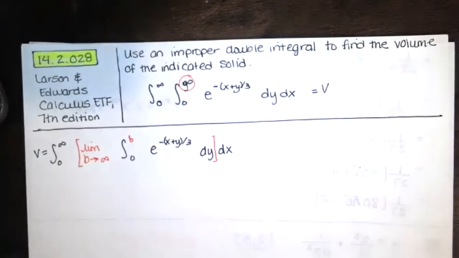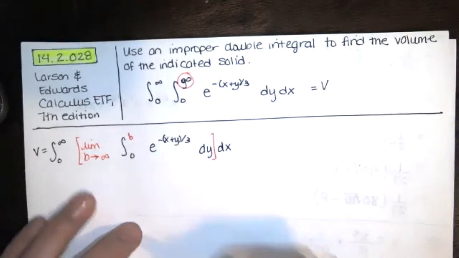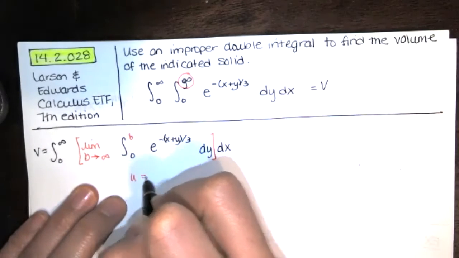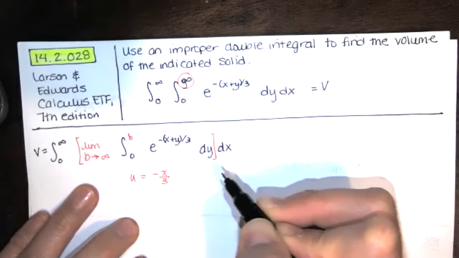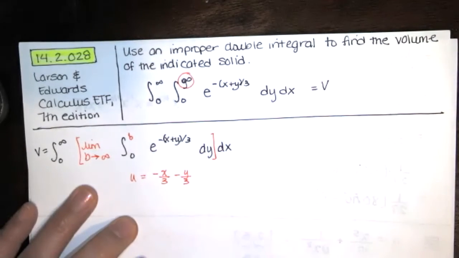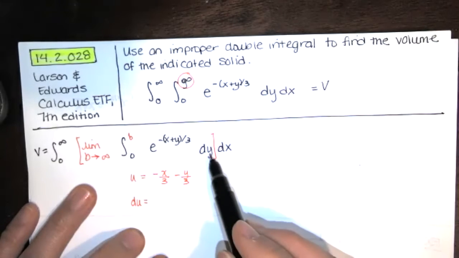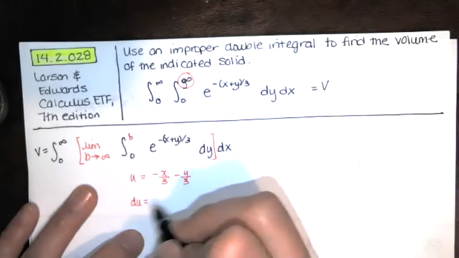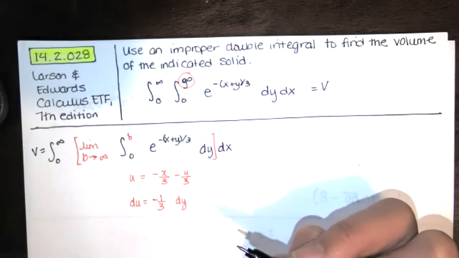Now here, I've got a function nested inside another function, so u substitution makes the most sense for taking this antiderivative. I think I'll distribute that negative 1/3 to everything. So u is equal to this. Then du, if I'm treating y as my variable and x as a constant, is just negative 1/3 times dy.